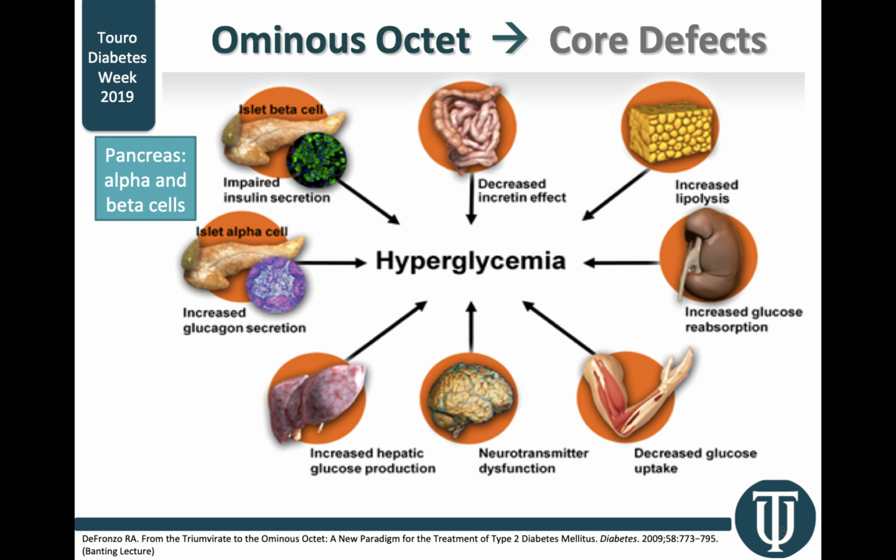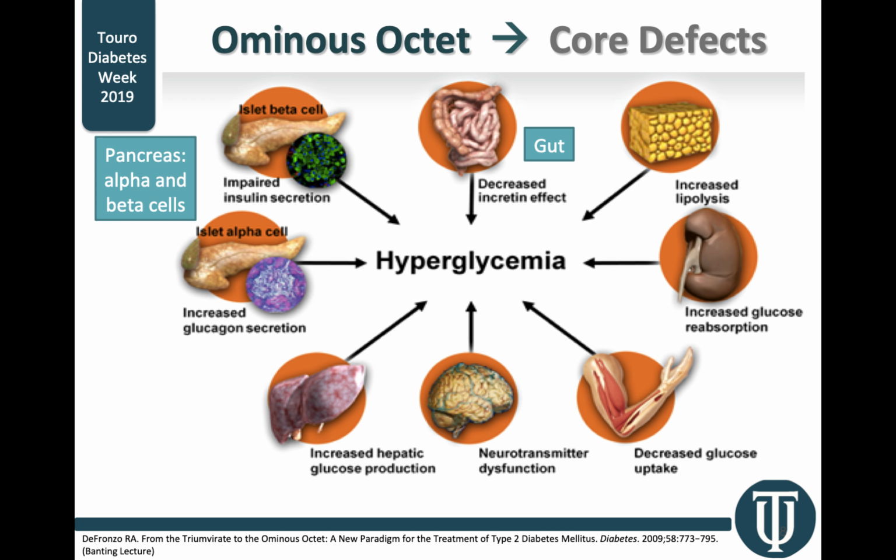In the pancreas, the types of cells that we focus on are alpha and beta cells. When alpha cells are impaired, there is an increase in glucagon secretion. When the beta cells are impaired, then there is a decrease in insulin secretion.